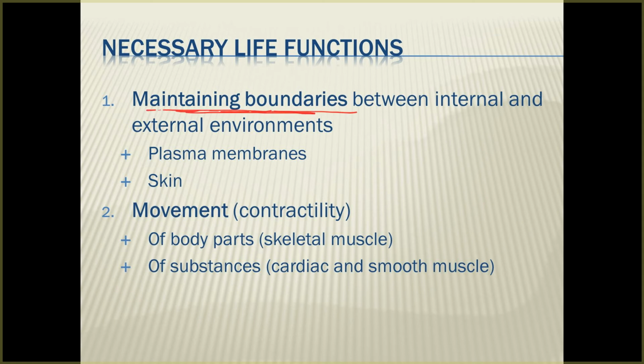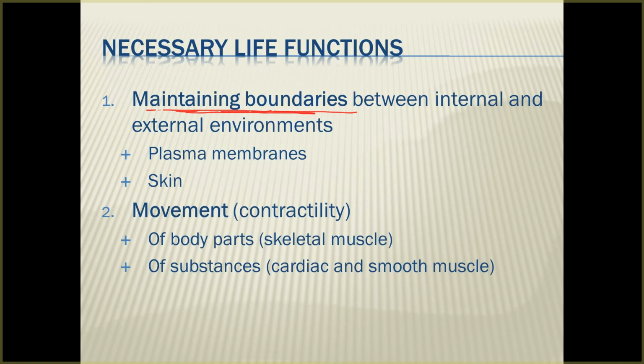If you are a living thing, you've got to maintain an internal environment. Think about the human body: you've got to maintain a certain body temperature, keep certain levels of fluids inside your body, and absorb nutrients from the foods you've consumed and keep those within your body. So you have to have boundaries to do that.